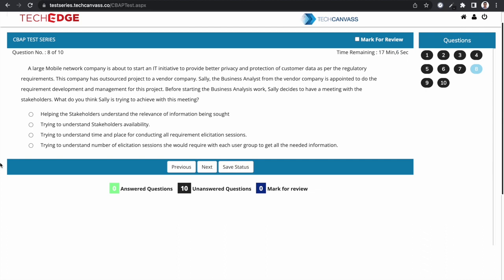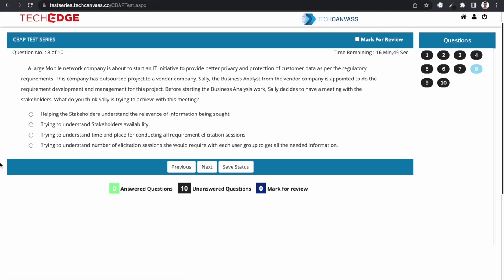Sally, the business analyst from the vendor company, is appointed to do the requirement development and management for this project. Before starting the business analysis work, Sally decides to have a meeting with the stakeholders. What do you think Sally is trying to achieve with this meeting?